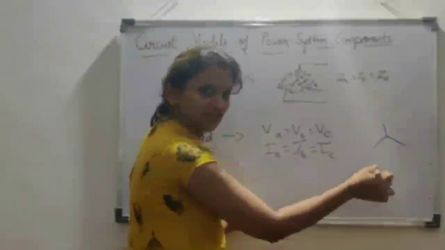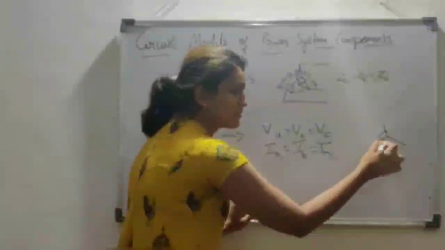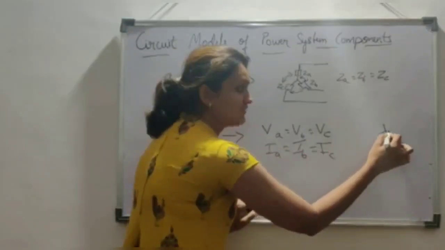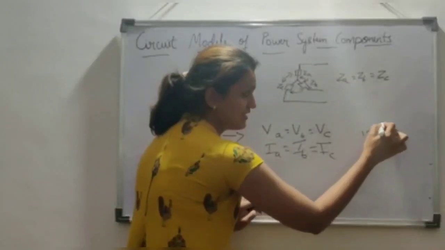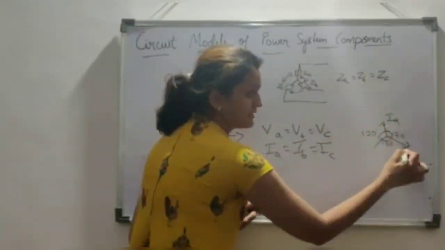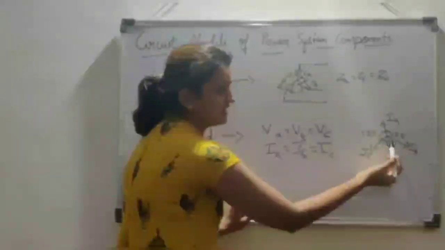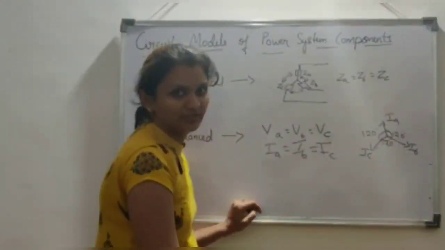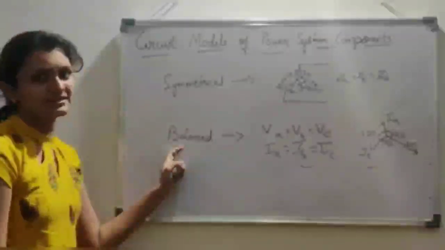If you are considering a three-phase, obviously 360 divided by 3 is 120 degrees. So if I consider the phase sequence A, B, C, then this is IA, IB, IC, or it could be VA, VB, VC. The phase angle difference between each other is 120 degrees. So these are the two conditions for a balanced system.